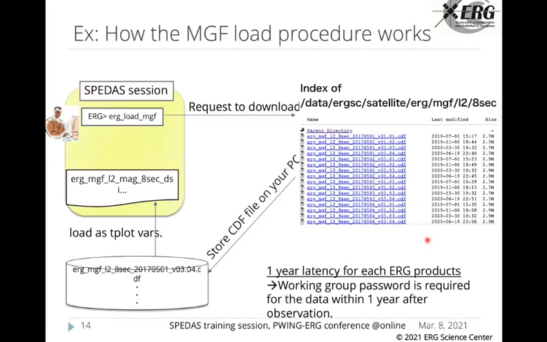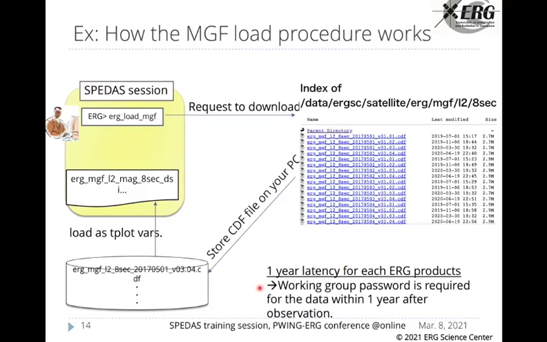Okay, here. And for some of the ERG data, this 1 year latency rule is applied. Basically, scientific data of the ERG satellite is opened to the public once 1 year has passed after the observation time.